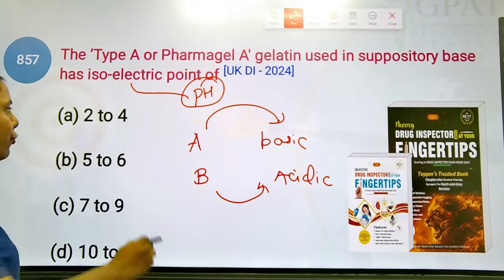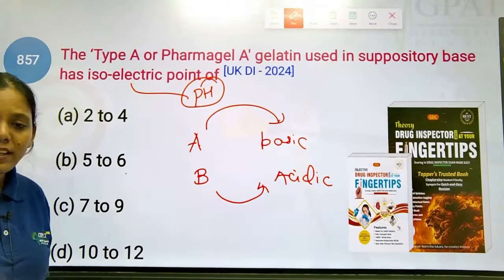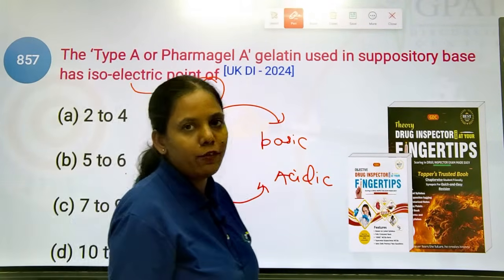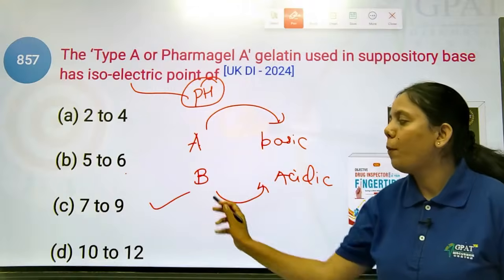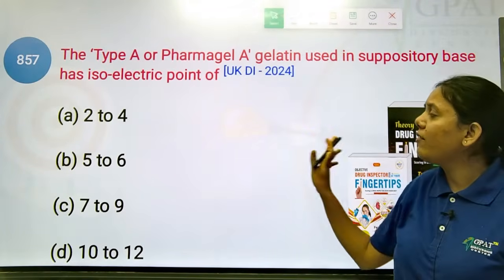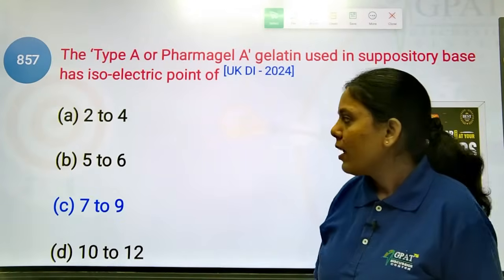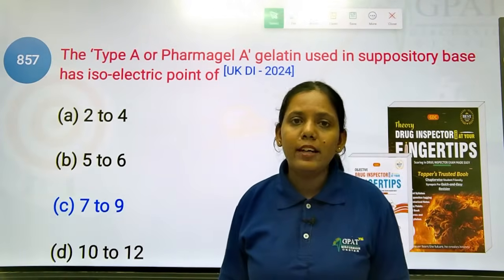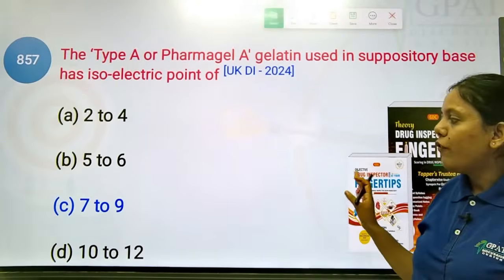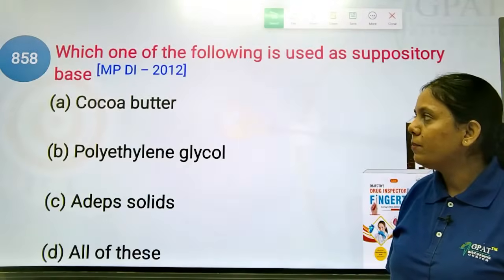Option A is 2 to 4, option B is 5 to 6, option C is 7 to 9, option D is 10 to 12. Slightly alkaline, so option C, 7 to 9, is the right answer. Mostly if they ask, 9 is correct, and for type B gelatin it is 4.7. Very good.